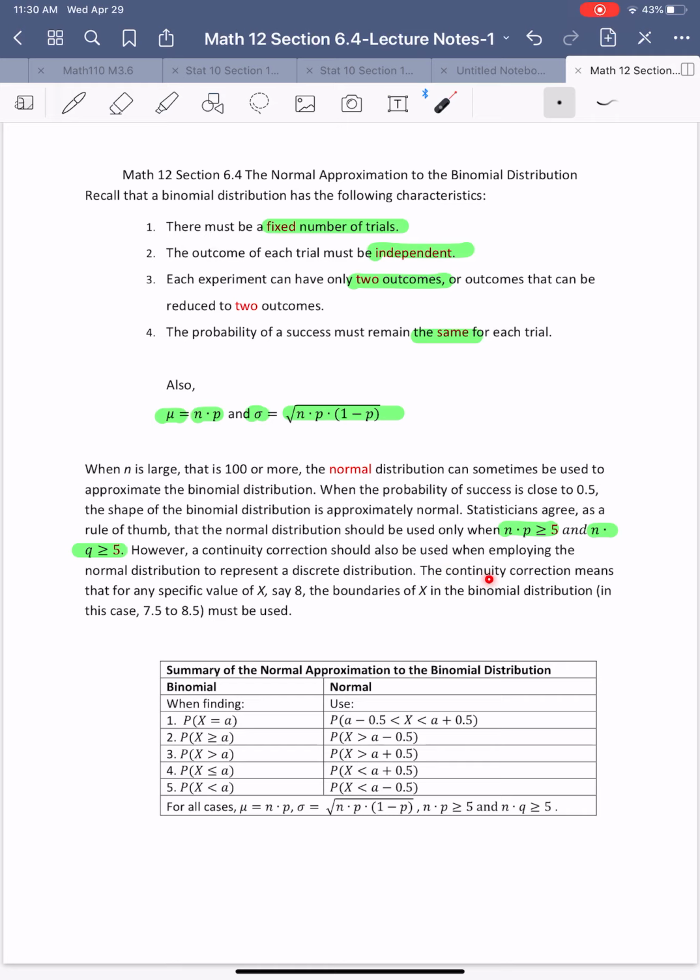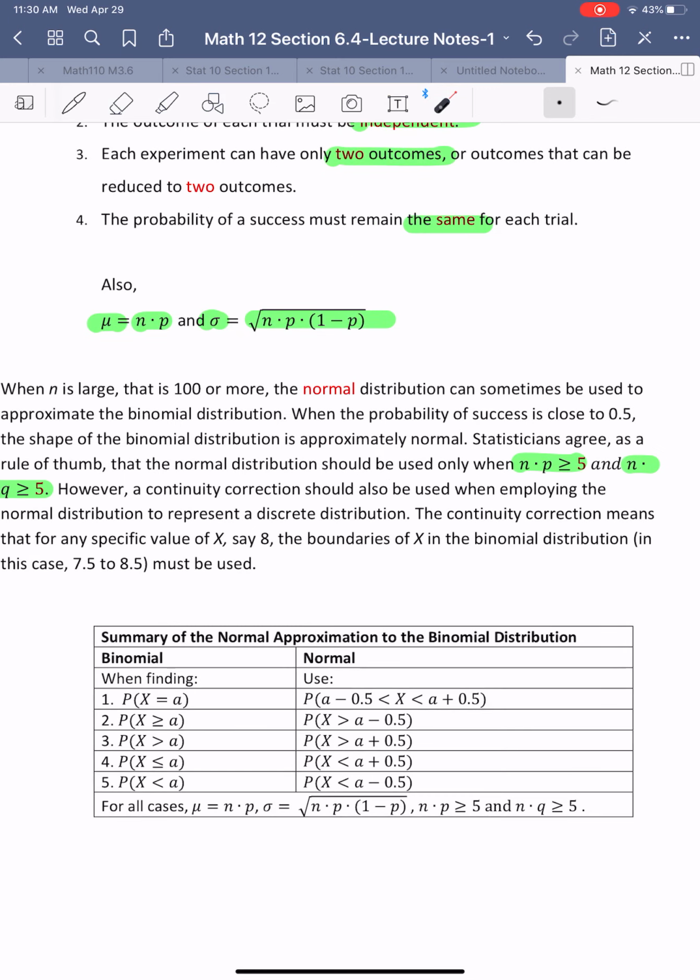The continuity correction means that for any specific value of x, let's say 8, the boundary of x in the binomial distribution, in this case 7.5 or 8.5, must be used. So here is a summary of the normal approximation to the binomial distribution.